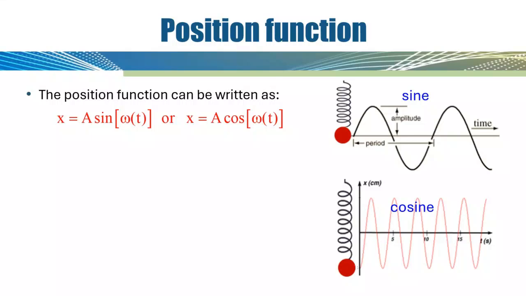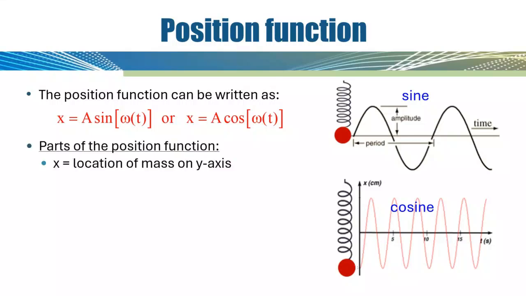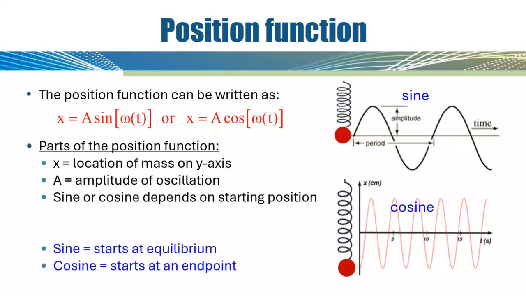Let's talk through this form of the equation. So x is actually what we're solving for. That is going to tell us the exact location of the mass on the y-axis as it oscillates up and down. A is the amplitude of oscillation, which we can read off the graph. And sine or cosine depends on where the mass starts.